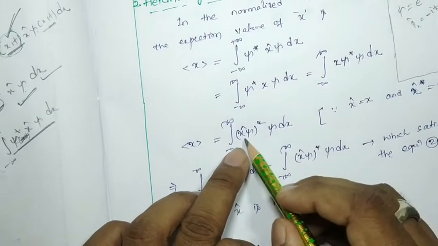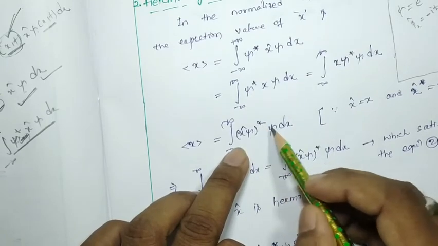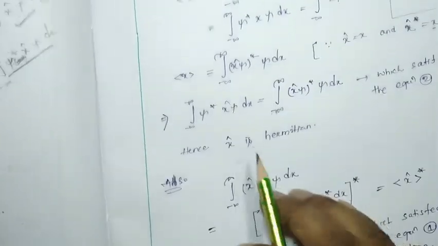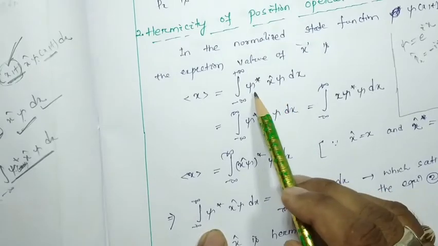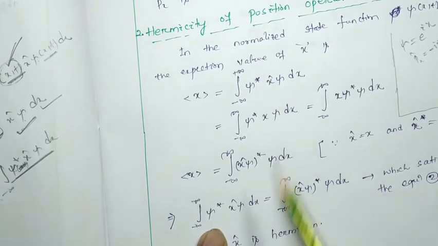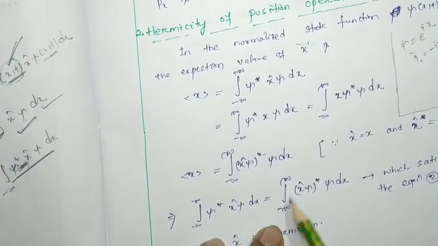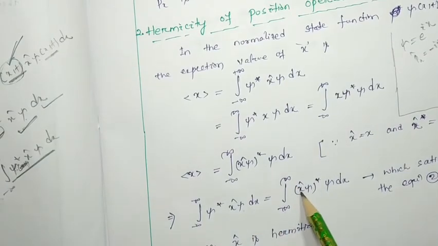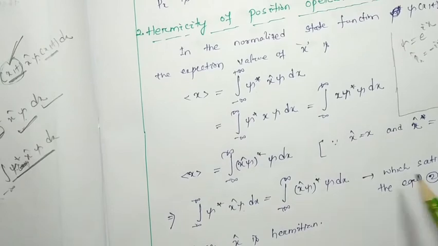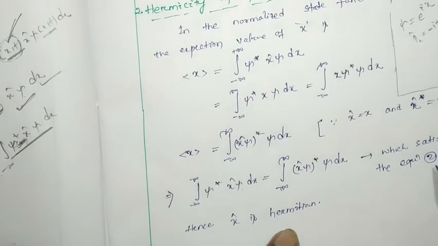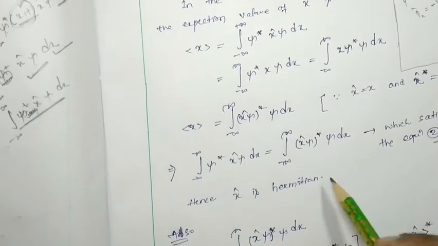So it can be written as x cap psi star psi dx. So psi star x cap psi, from minus infinity to plus infinity, equals x cap psi star psi dx, which satisfies equation number 2. Hence x cap is Hermitian.